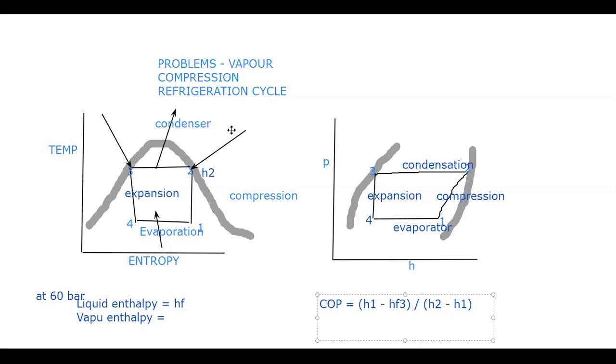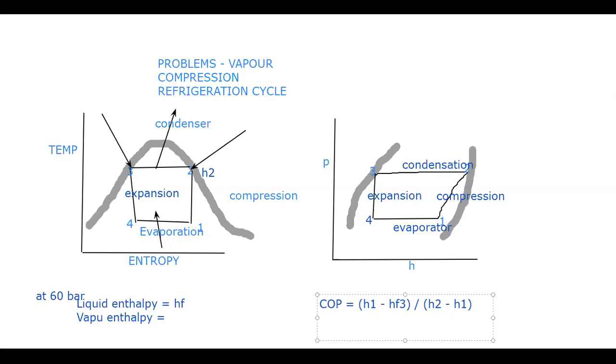Similarly, H1 we have just now calculated. HF3 he has already given. What is HF3? 61.9, because at point number 3 the liquid enthalpy is 61.9. That is nothing but HF3, we already noted down. Now H1 we have, HF3 we have, and H2 is 208, because that is the vapor enthalpy at 60 bar.